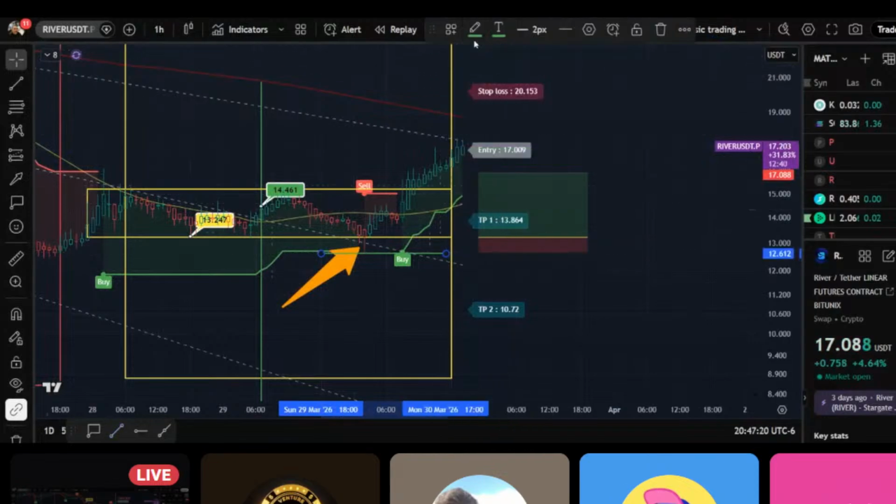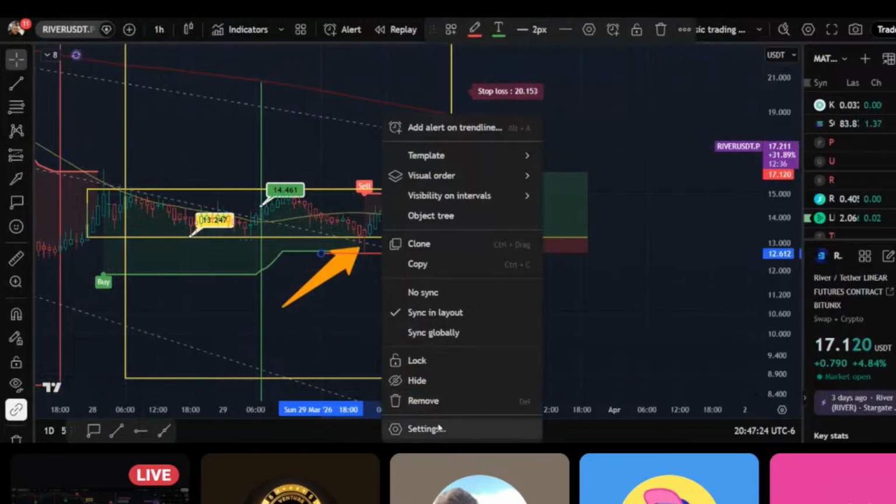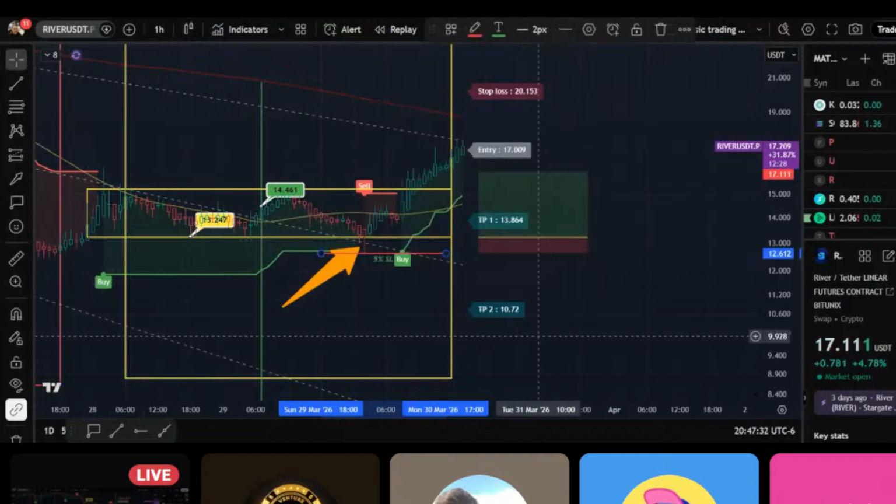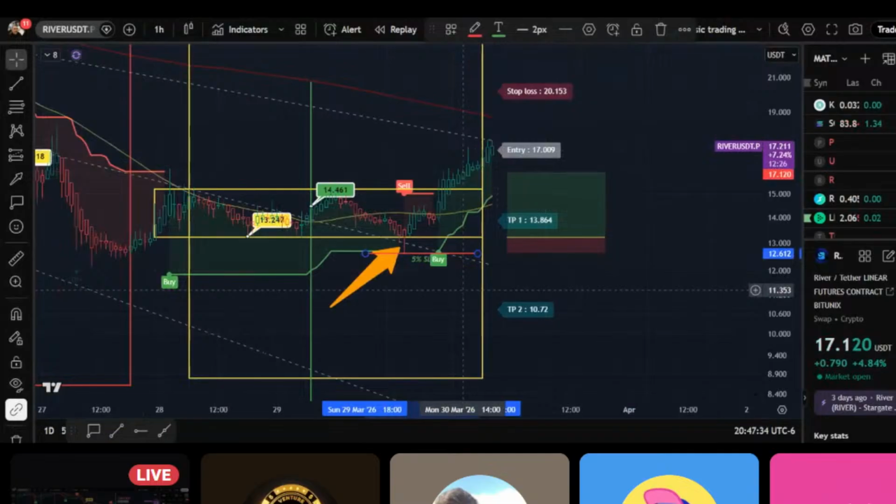That would be our stop loss right there. So we got about a 5% pullback, a 5% stop loss. Okay, so that's what we're dealing with when we deal with River.